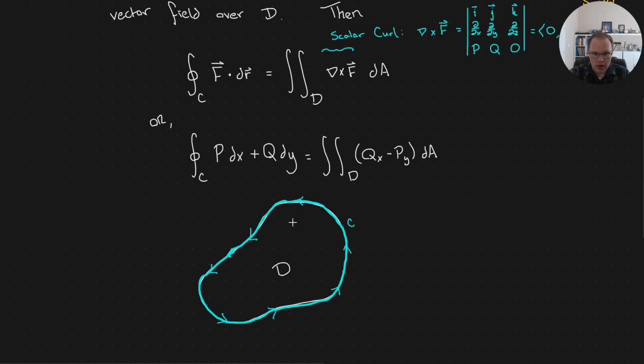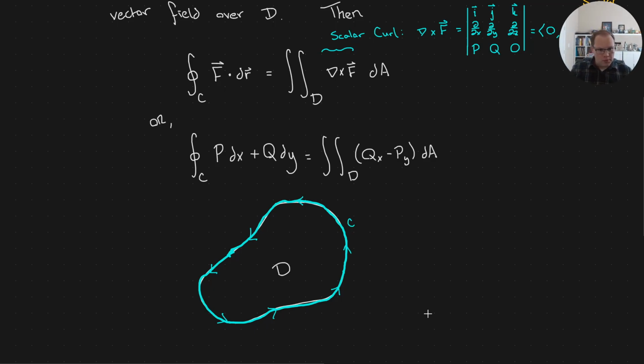I haven't drawn the vector field here because it would get very busy, but we could imagine that a vector field might do something like this, and you could see how in general we would circulate along that path. All right, hopefully we understand what we're talking about now.